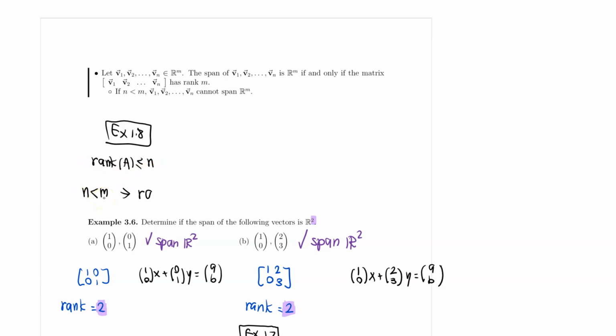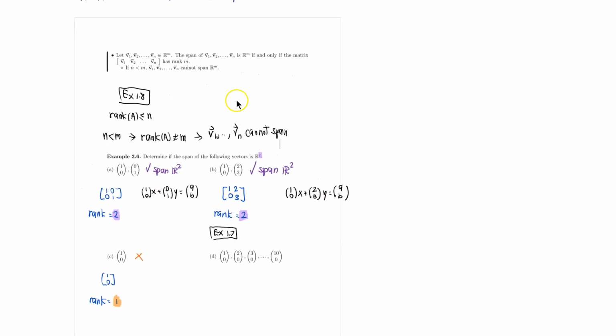So the rank of the matrix will not equal m for sure. And what that means is my vectors v1 to vn cannot span for sure. If I don't have enough vectors, then they will not be able to span R to the m for sure. However, more doesn't mean better.